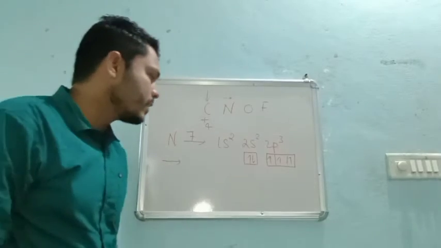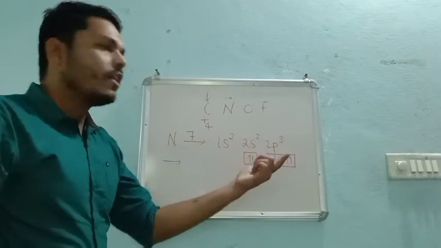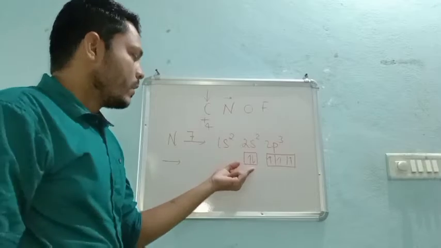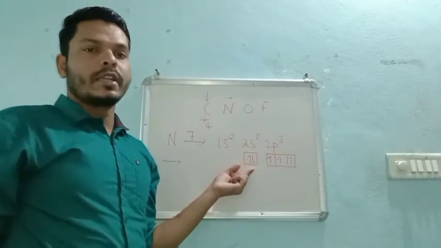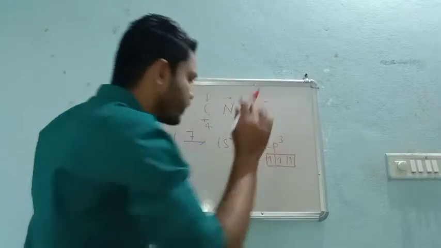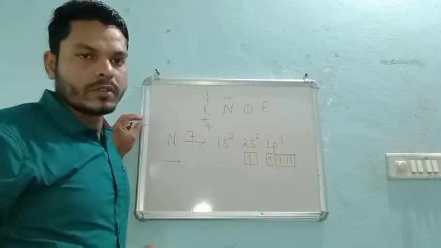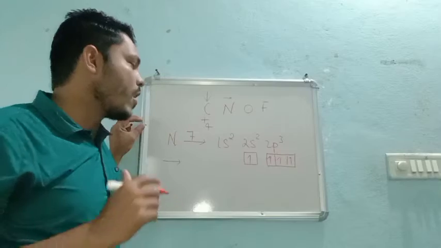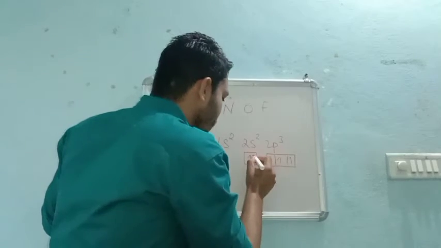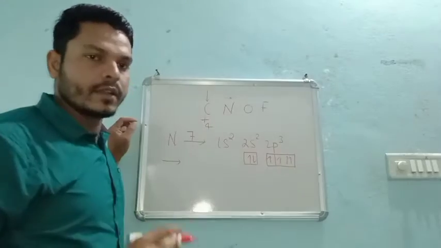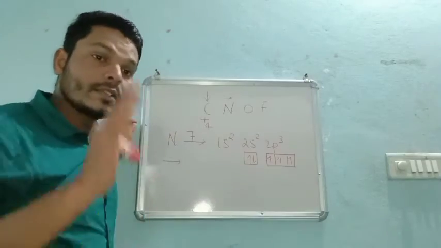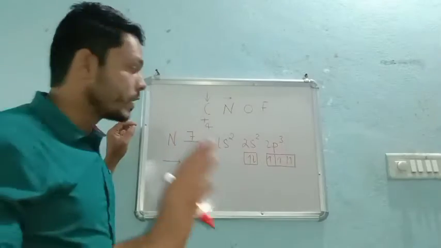If an element has completely fulfilled orbitals with electrons, then it is very stable. And when the orbitals have unpaired electrons, if all the orbitals have unpaired electrons, then also it is very stable, right? So when it is completely filled, stable. When it is completely half filled, then also it is stable.